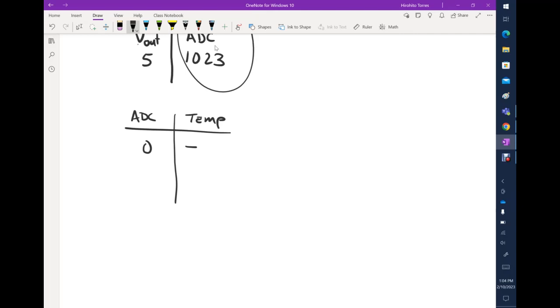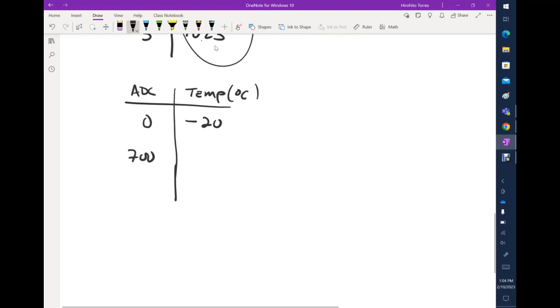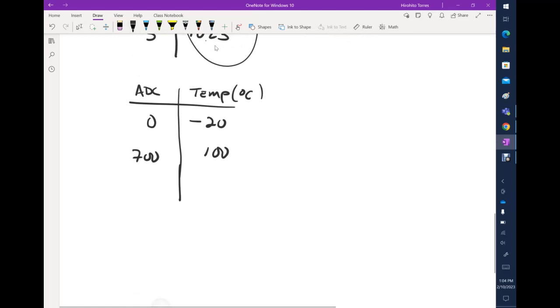When the ADC reads 0, let's say that the temperature is minus 20 degrees C. Now, when the ADC, let's say, is 700, remember, the ADC can go from 0 to 1023, I don't know, the temperature is 100 degrees. I'm making up the numbers.